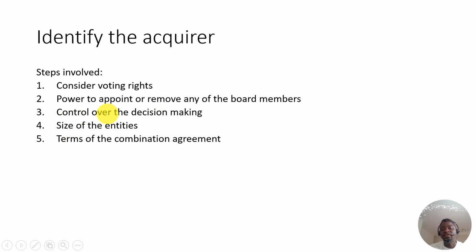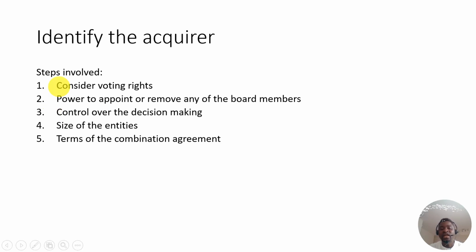Another thing to look at is control over decision making. If somebody controls 51% and a certain decision needs to be made, maybe in terms of research and development, it means at every point in time that entity will control the decision making process in the meetings of the board.